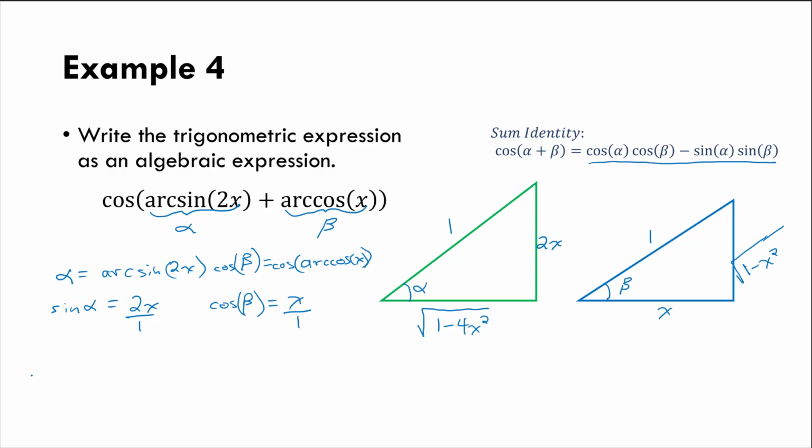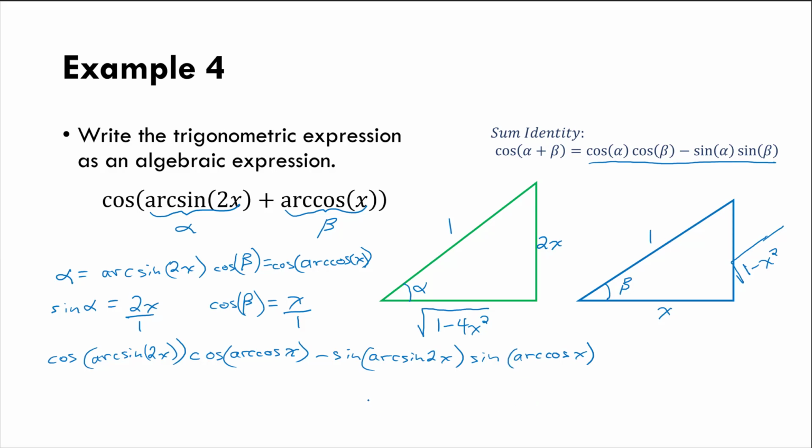So I'm going to rewrite this as cosine of arcsine of 2x times cosine of arc cosine of x, minus sine of arcsine of 2x times the sine of arc cosine of x.